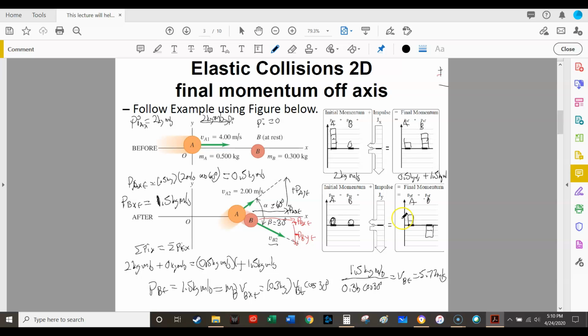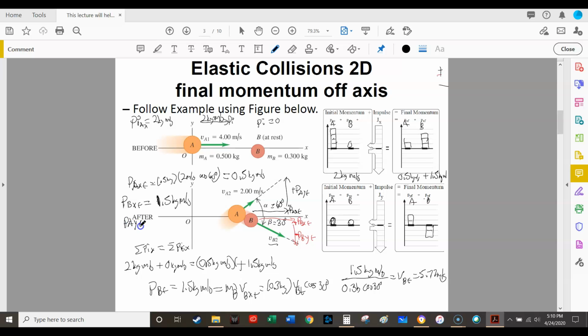Which means it's going to have a lot more momentum in the x direction. Notice that in the y direction, there might be the same thing. I'm not sure. We could calculate the momentum in the y direction after the collision.